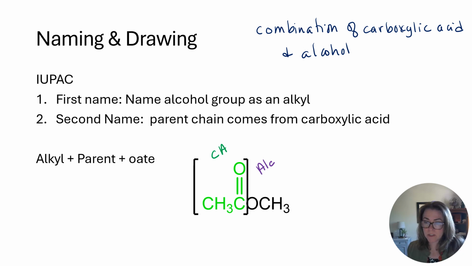The first name is going to come from the alcohol as an alkyl group. The second name is going to come from the carboxylic acid, and that will be our parent chain. Remember, those carboxylic acids, those carbonyls, are always going to take precedence. So as we are naming this, it will have two names, our alkyl plus the parent, dropping that e, followed by the suffix -oate.